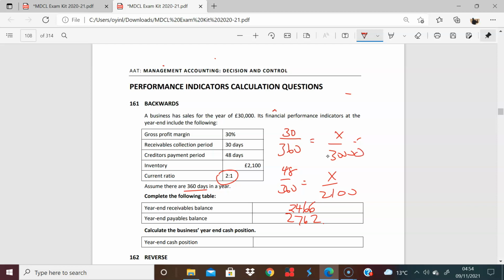So you have here 30 divided by 360 times 30,000 is 2,500.